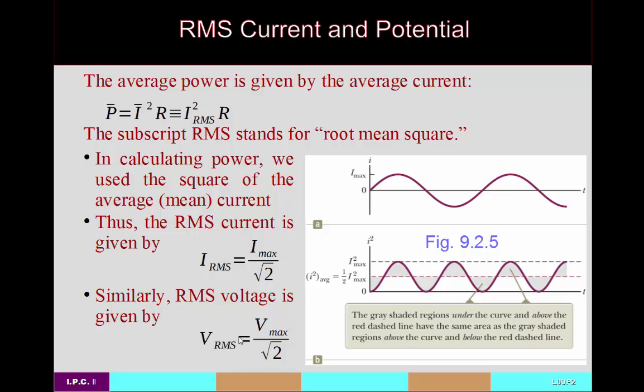Similarly, you get the root mean squared voltage by taking the maximum voltage and dividing by the square root of 2. In fact, the average power will be the root mean squared current times the root mean squared voltage. So that would be 1/2 of the maximum voltage times the maximum current.